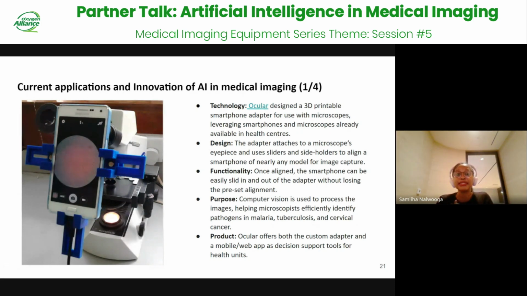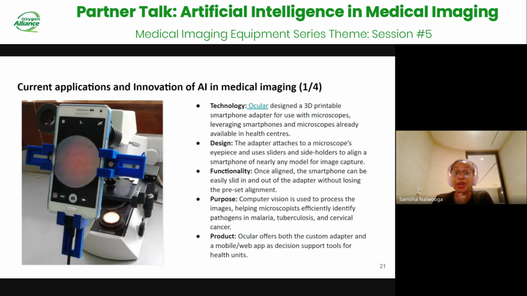So after doing that, what I've been describing is not the AI. The AI in this technique is that they have used computer vision to design algorithms that process images that have been captured using a microscope. This helps microscopists efficiently identify pathogens in malaria, tuberculosis, as well as cervical cancer. So that's the AI aspect of this innovation.